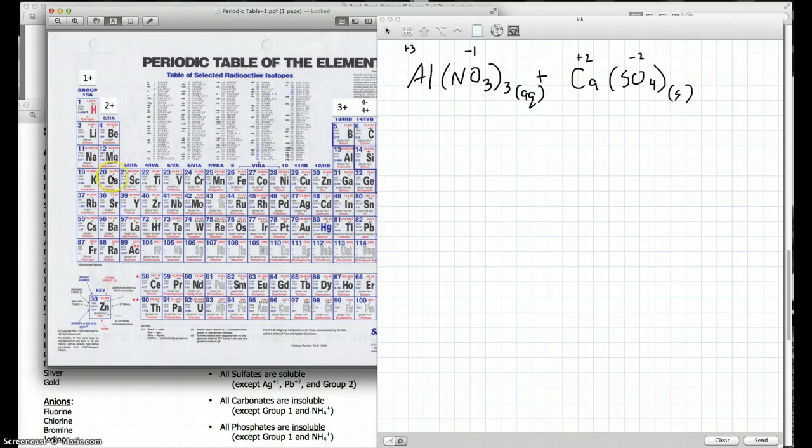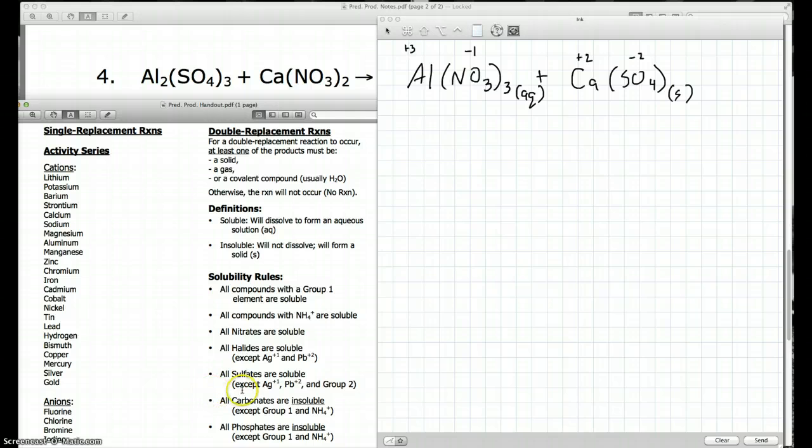So beryllium, magnesium, calcium, strontium, barium, radium. Now any of those, if we have those with a sulfate, and we do, calcium is one of those group 2 elements, this rule doesn't apply. So it says all sulfates are soluble except when they're with group 2 elements. So it's an exception, so it's not soluble.